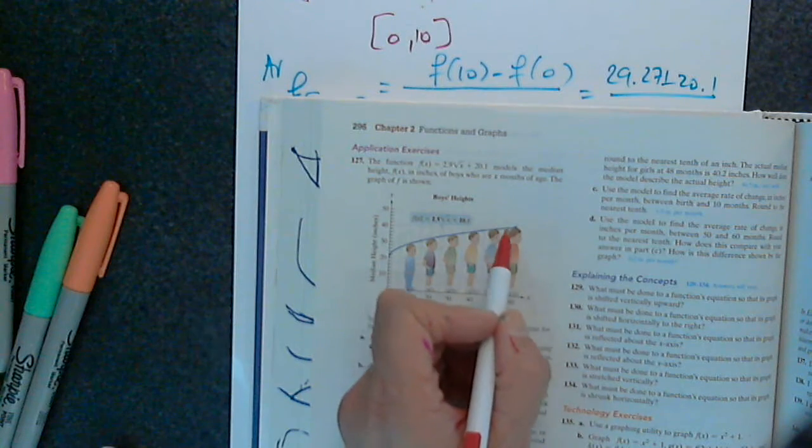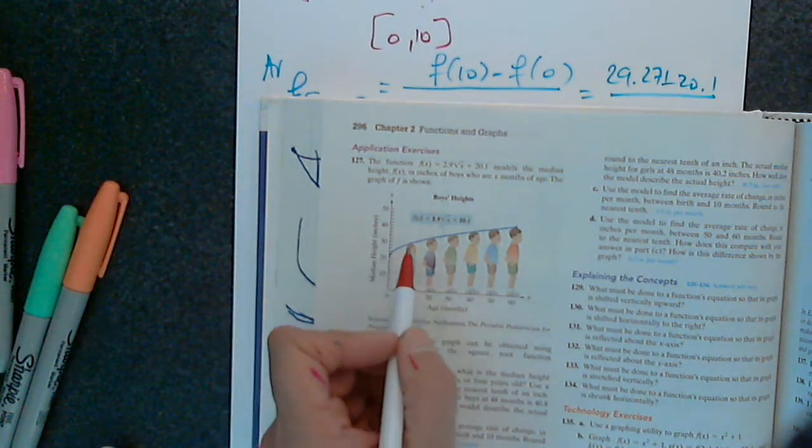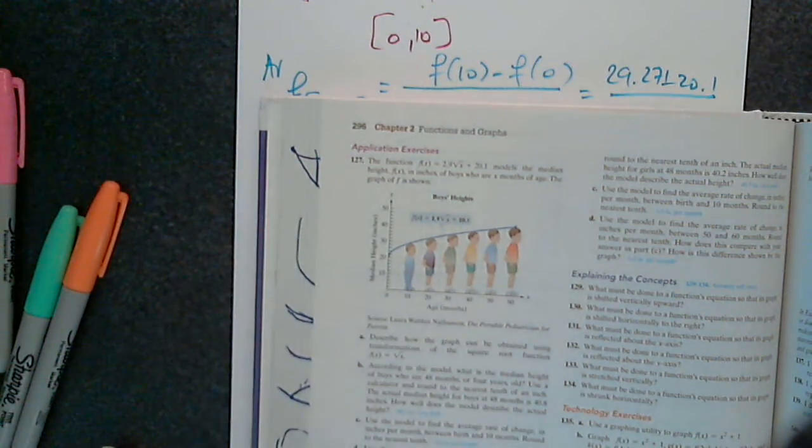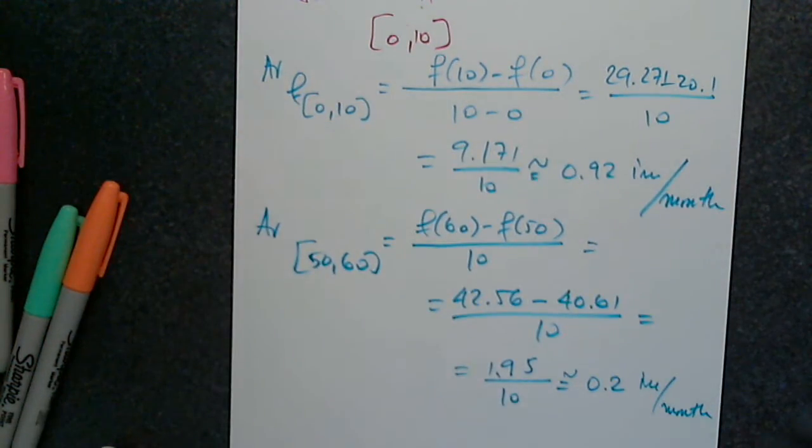So this is the slope of 0.2, and this is the slope of 1. So between 0 months old and 10 months old, these babies grow at a rate of almost 1 inch per month. And between the ages of 50 months and 60 months, they grow at a rate of 0.2 inches per month.